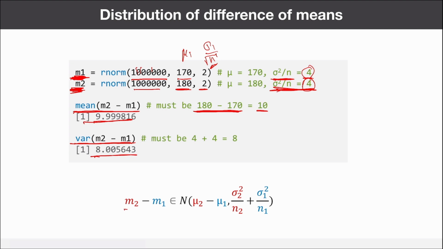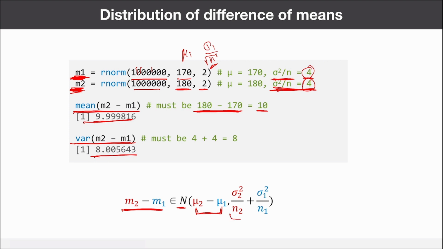So the difference of two means, or the difference of means of two samples that came from two different populations, will also be a random value, normally distributed. It will be normally distributed around the expected difference, which means the difference of the population averages.